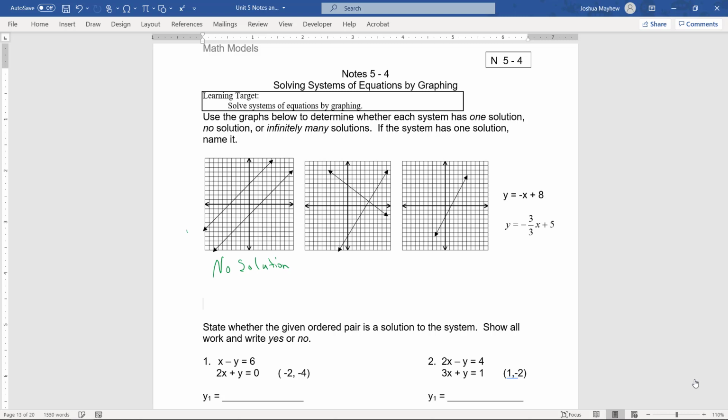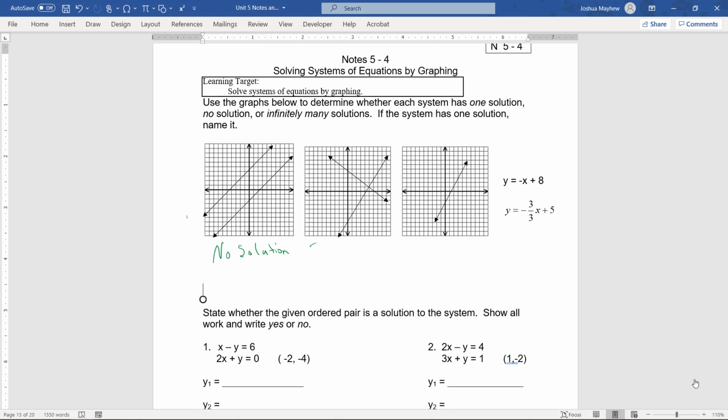The second one is two lines that do intersect, and they intersect at one place. That means they have one solution, and the solution is the point that they share. In this case, that point is (5, 1).